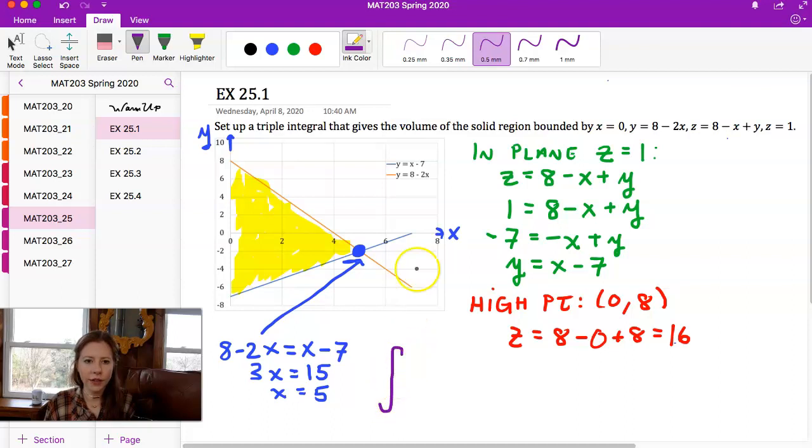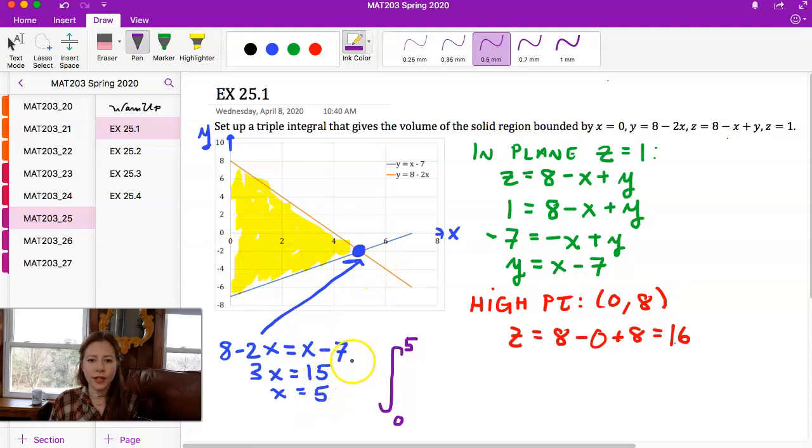For x, we're limited by x equals 0 as our minimum. Then we found the point at which x is at a max, where y equals x minus 7 is equal to y equals 8 minus 2x, and that's when x is 5. So we're going from 0 to 5 for our x.